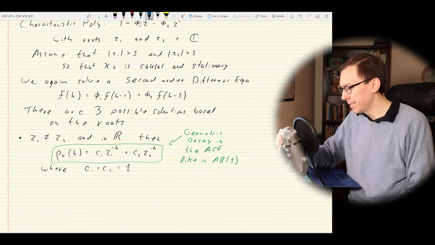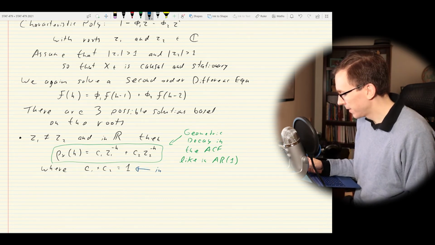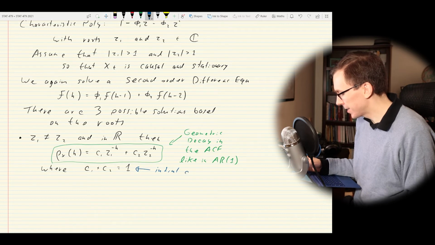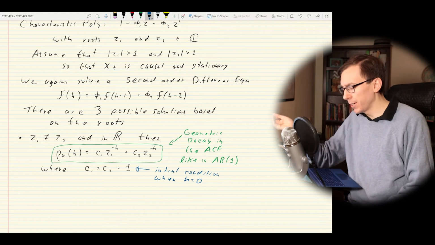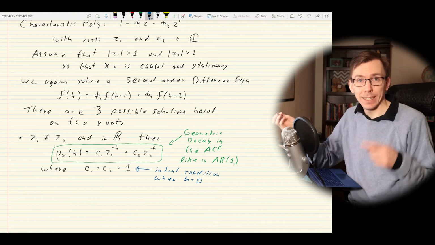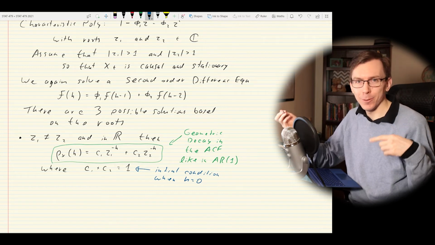I should also point out, I didn't explain why I wrote this down. This is the sort of initial condition when h is equal to 0. When h is equal to 0, we have that the autocorrelation is equal to 1, and then C1 plus C2 has to equal 1.